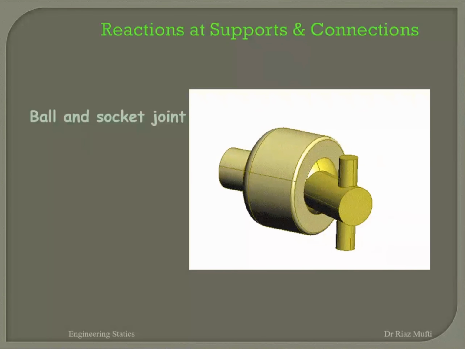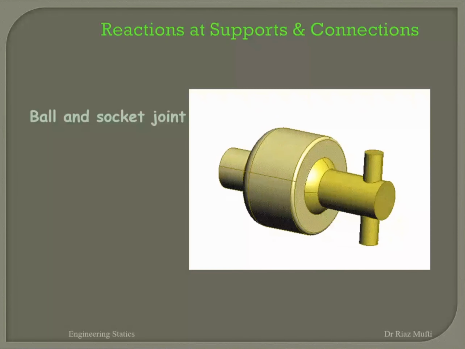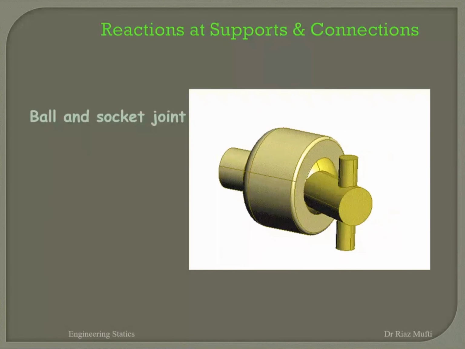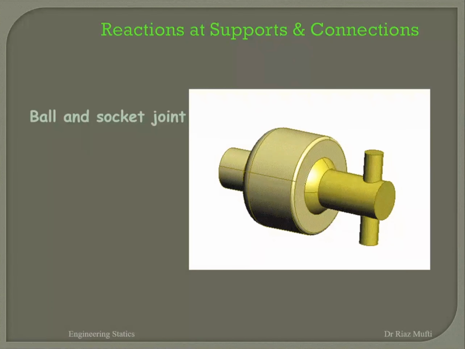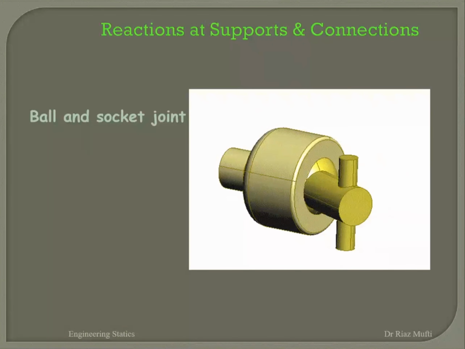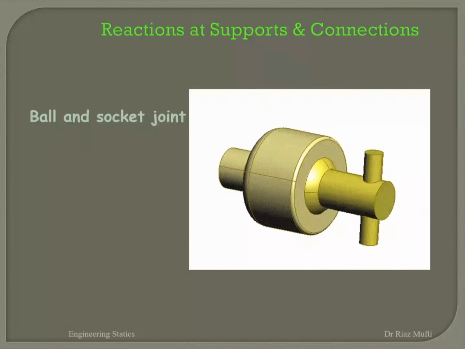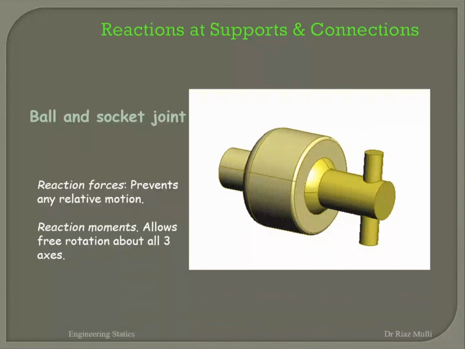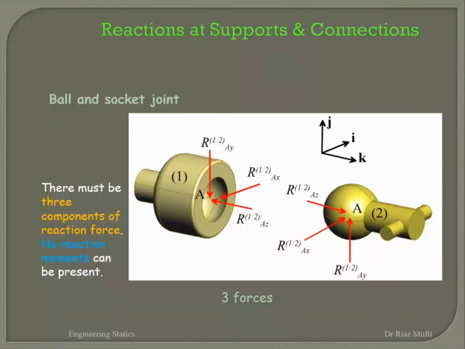I can rotate the ball along any axis within the moving limits. I can rotate it in any direction. So it does not have any constraint in rotation, but it has got constraint in translation. So there will be no reactive moment. There will be only reactive force. So in simple words, I cannot move the ball socket in X, Y, Z direction, but I can rotate. Is that clear? Yes, sir.